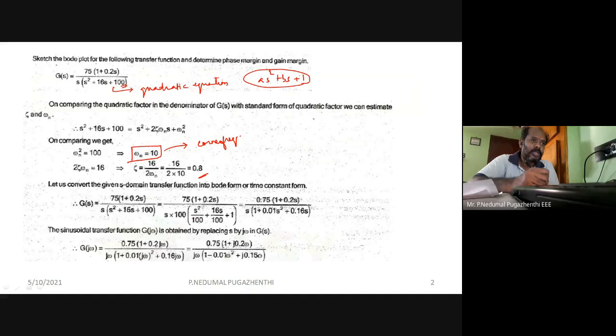You will get s²/100 + 16s/100 + 1, and the 100 divided by 75 gives 0.75 into (1 + 0.2s). So this is now completely a time constant form. The next work is to replace s with jω here, and group the terms.